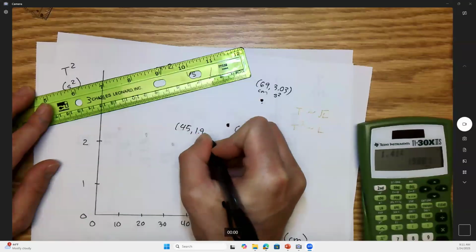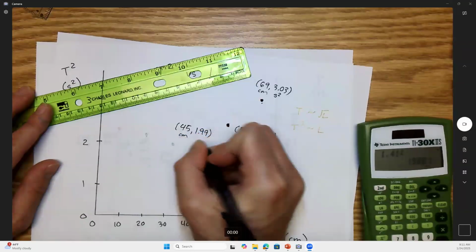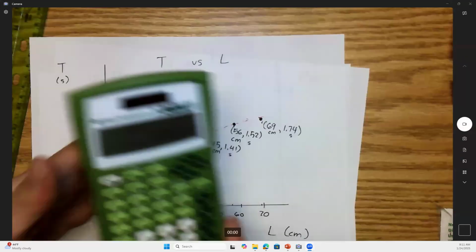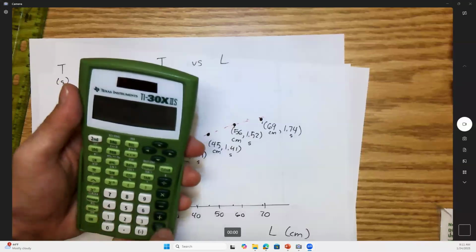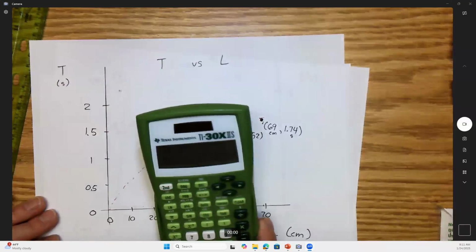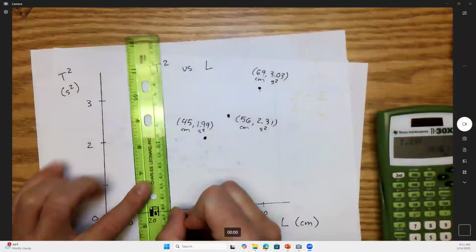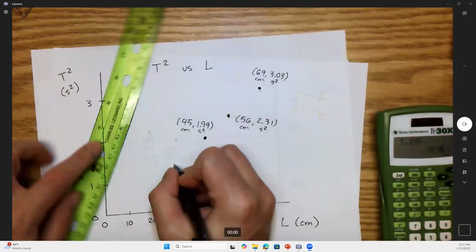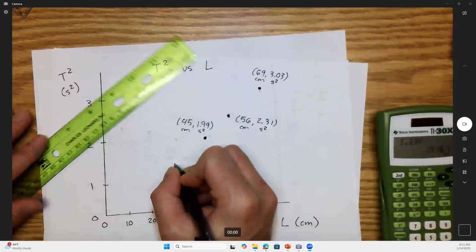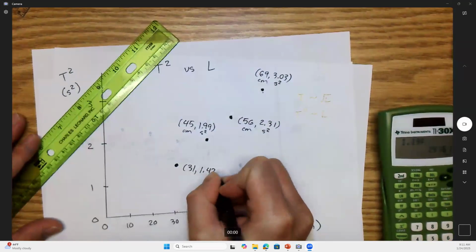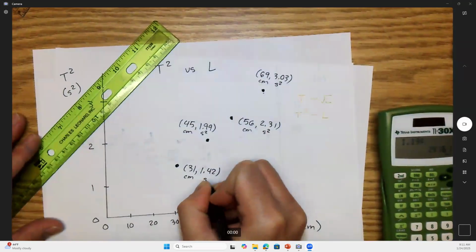45, 1.99 centimeters square seconds. Then 1.19 squared, that's 1.42. So 31, 1.42 centimeters square seconds.